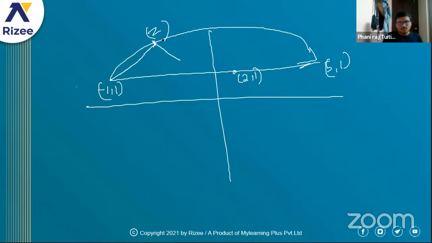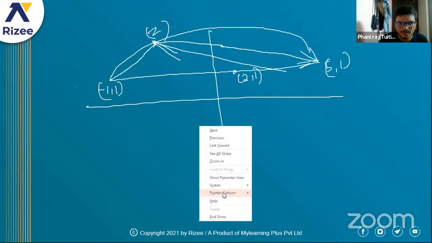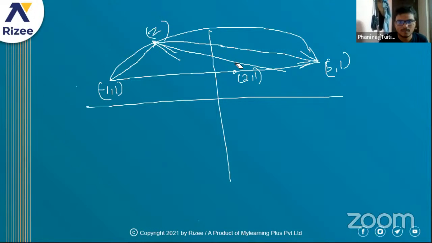Now also, why am I doing this? What's wrong with me today? I have to just join these 2 points. Okay, 1 minute. I'll choose eraser. Eraser. Okay.